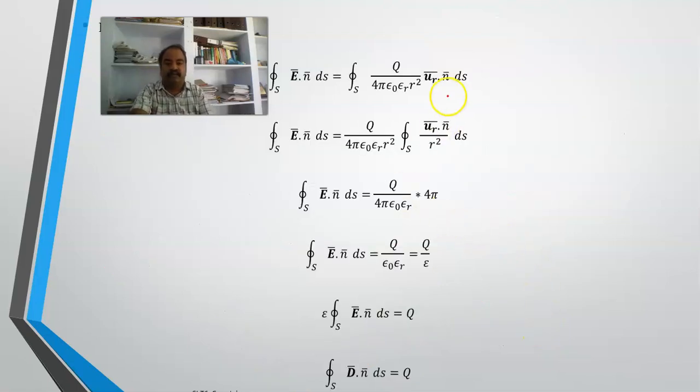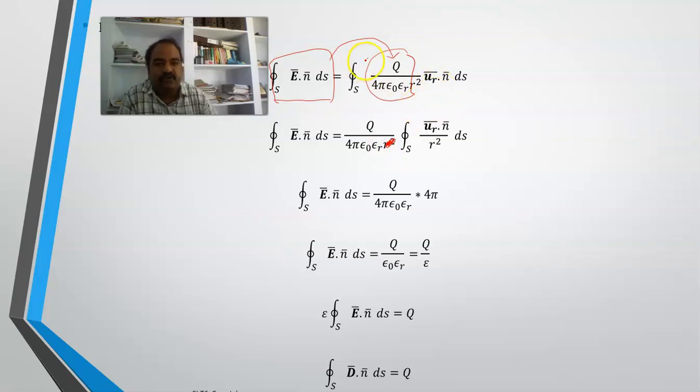Now earlier in this case, what we have done is we tried to compute this, and we replaced E bar with its original equation. Here all these are considered constant. Now the surface integral is pushed back here.